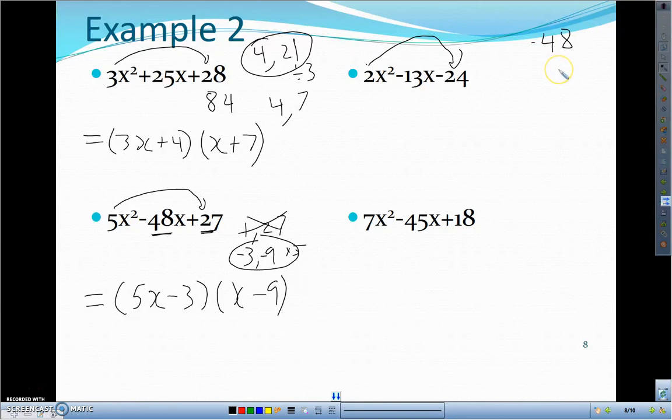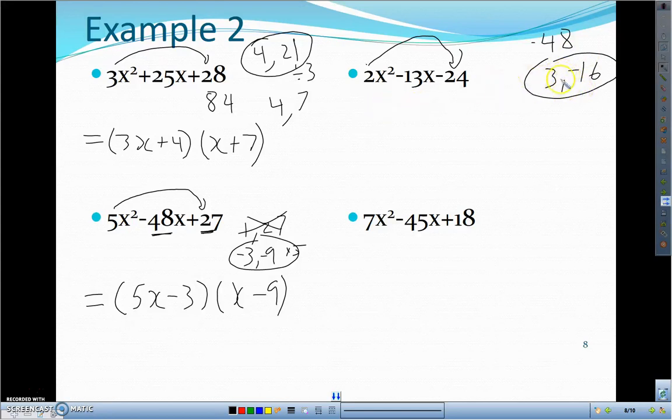No. What about 3 and 16? And one of them has to be negative. Put the negative on the bigger number, because this is a negative number here, and there's my answer, which is the 3 and negative 16.